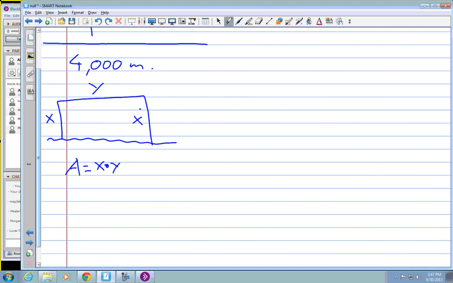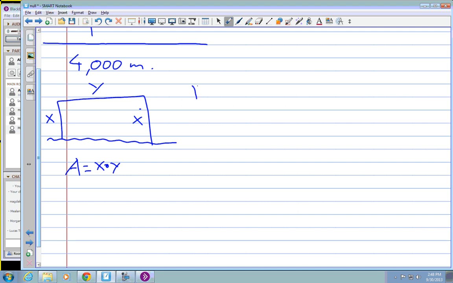Do you all agree that the area is x times y? First of all, in order to maximize the area, we better use the entire fencing, right? We're not going to have 4,000 meters of fencing and only use 2,000 and build the maximum area. So we're going to use all of it.